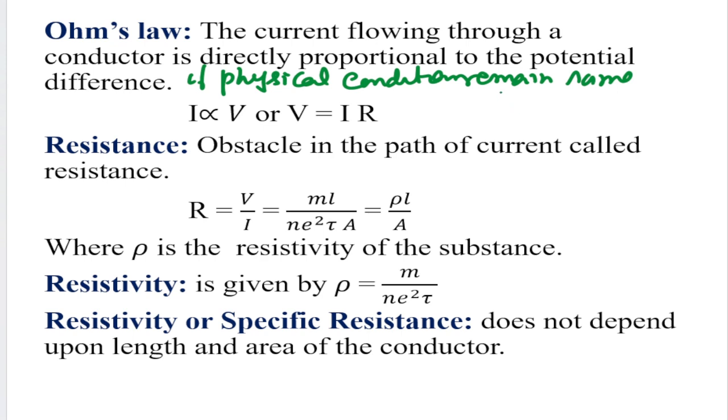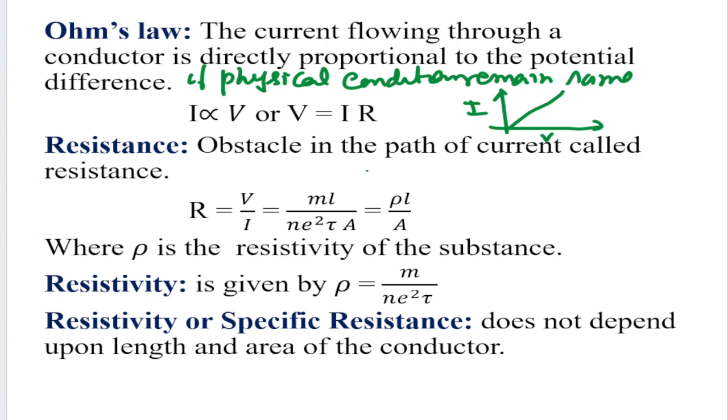Then that is Ohm's law. If we plot a graph between V and I, taking I on the x-axis and V on the y-axis, then the graph will be a straight line. If the graph is a straight line, then it obeys Ohm's law, and if the graph is curved, then Ohm's law is not obeyed.